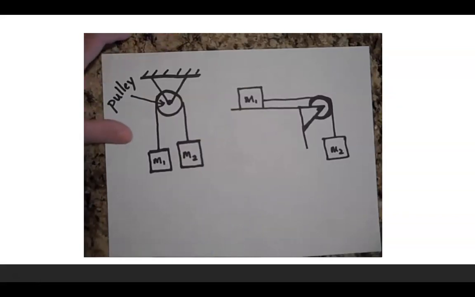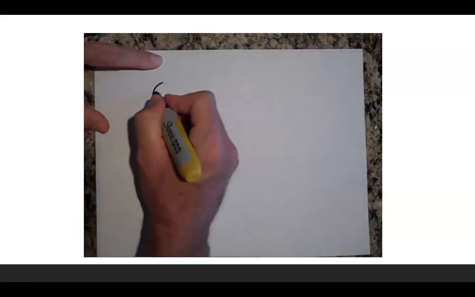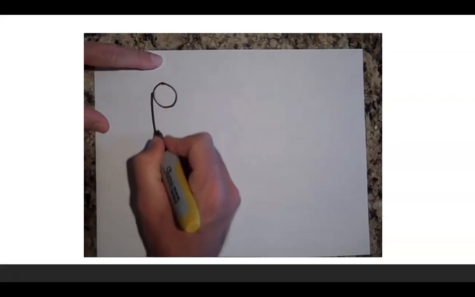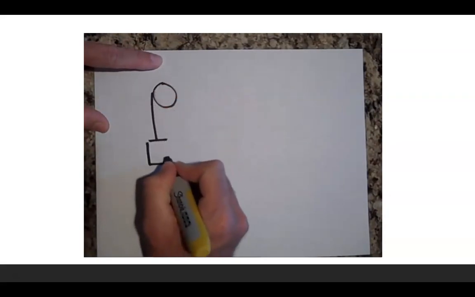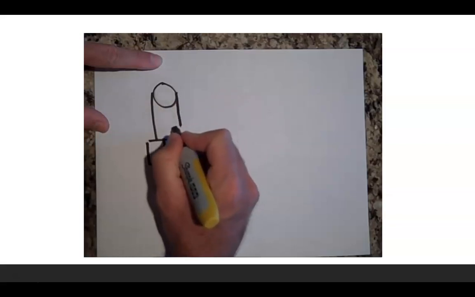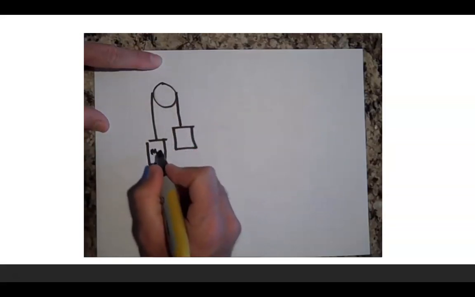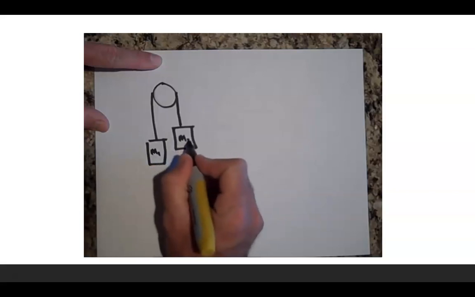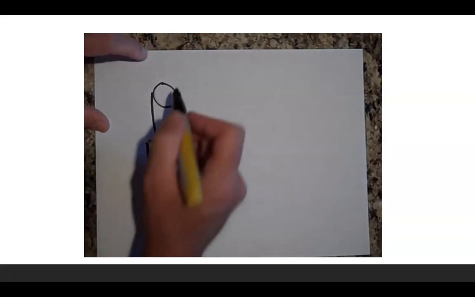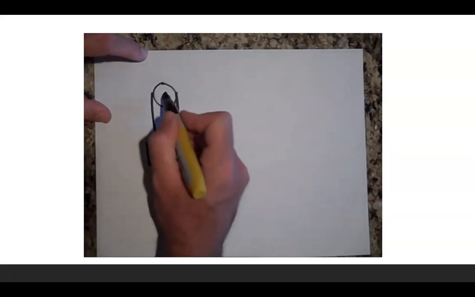All right, let's get started. For the Atwood's machine that is in this position, if this is M1 and this is M2, and if you can assume that this is attached to the ceiling.